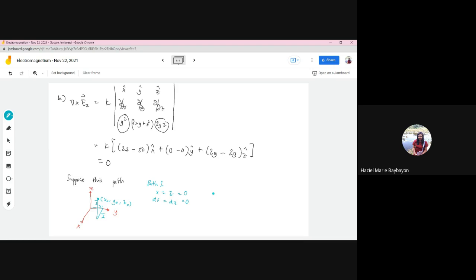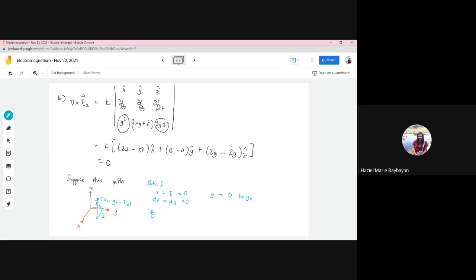So we will be integrating only with respect to y, since y changes its value from the origin towards y naught. So y goes from 0 to y naught. Okay?